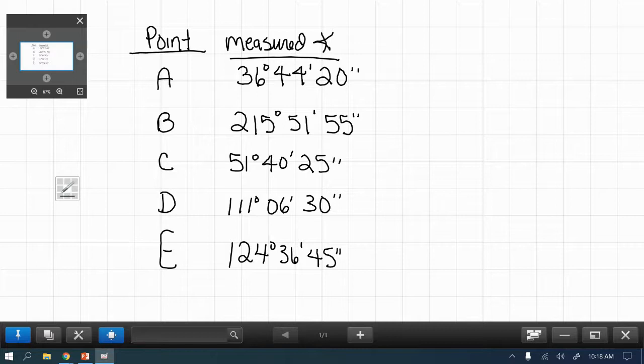So no, these are the angles. So these are the angles.